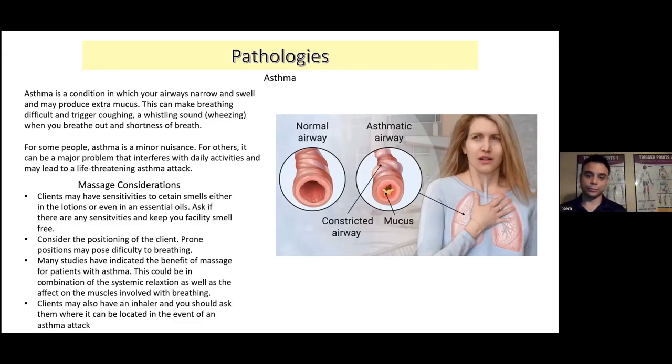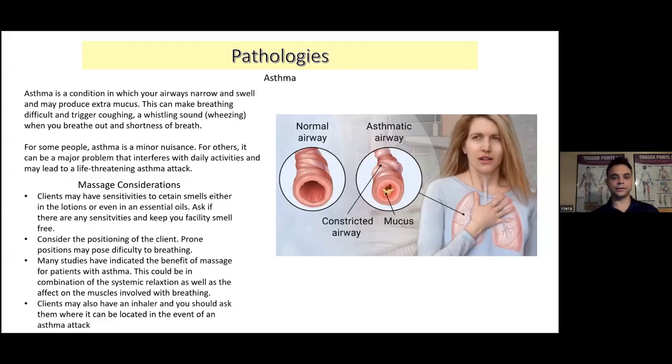We keep them propped up, keep their shoulders back so that their airways are open and they're able to breathe as best as possible. So anyways, asthma, our first condition, is where the airways become narrowed, right? And so this causes shortness of breath and everything. You usually develop it.